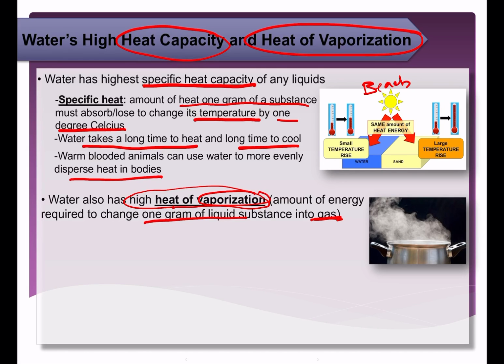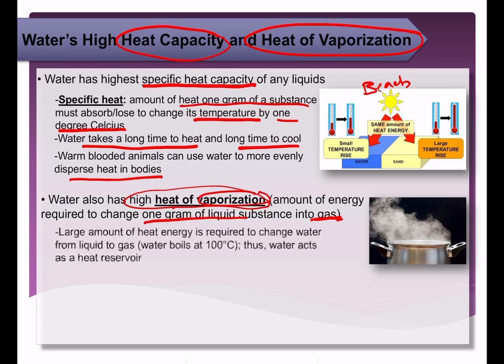Remember that this is different from heat capacity. Specific heat capacity is how much heat it takes to change 1 gram of substance by 1 degree Celsius, whereas heat of vaporization is how much energy it takes to change that liquid substance into another state of matter, your gaseous state.